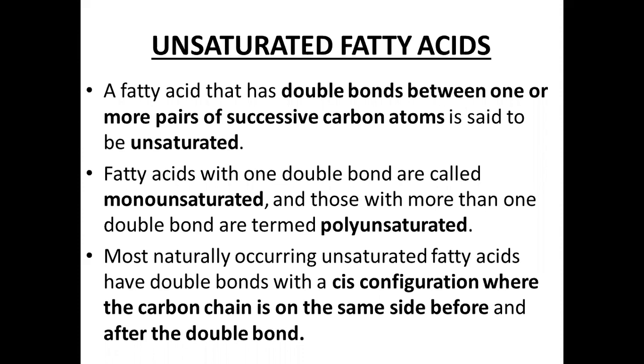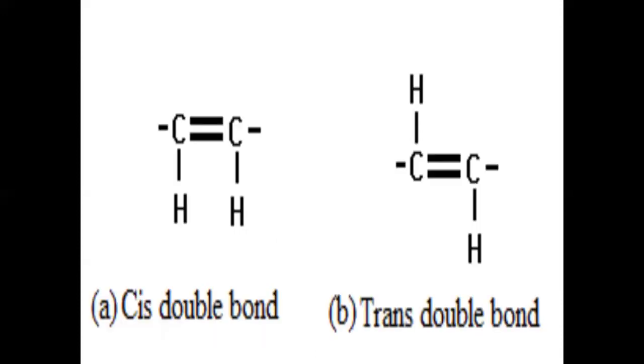Remember I said that cis configuration means that the carbon chain is on the same side before and also after the double bond. That's what cis means. And trans means that they are on the opposite side. So cis, same side. Trans means opposite sides.